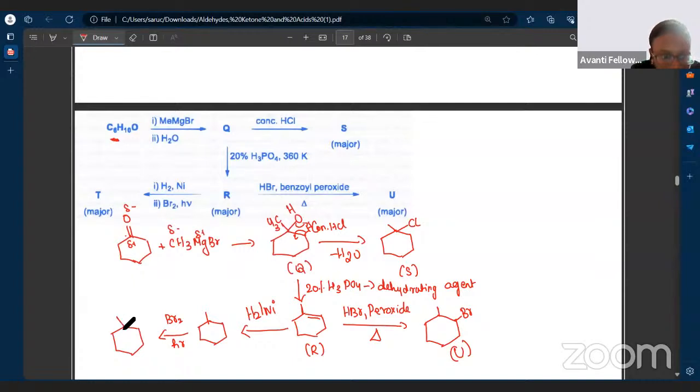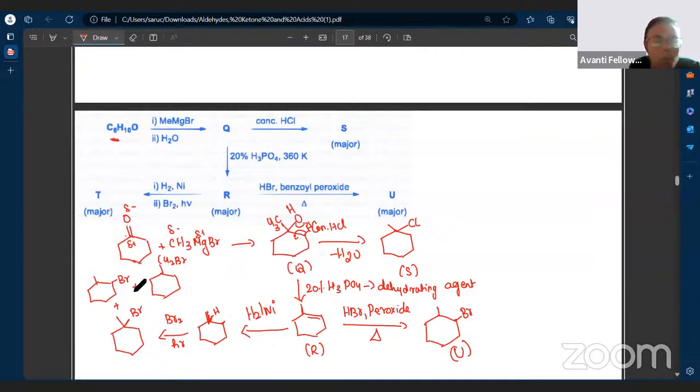You'll be getting Br in place of hydrogen, so this is one product. Another product could be on the CH2, so you can also get Br there. This is your second product. And also you can get it on CH2Br.